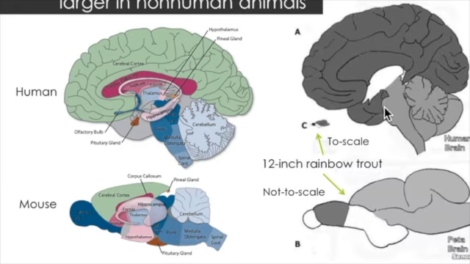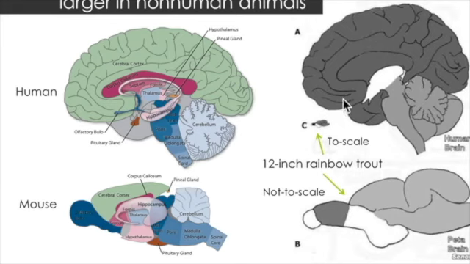Now here's just another example of this amazing difference in proportional size in the brainstem between humans and other animals. This is a two-scale comparison. A and C are two-scale comparisons of a human brain and a trout brain, so a fish brain.